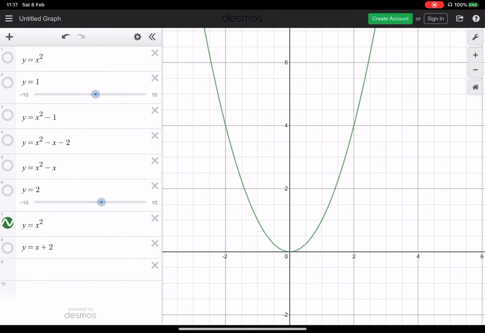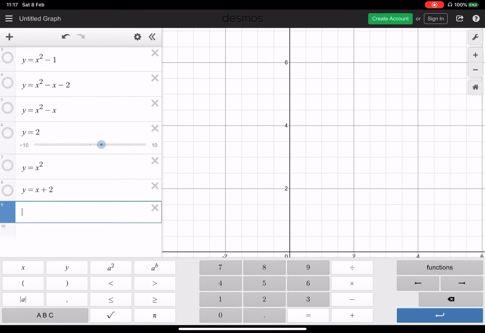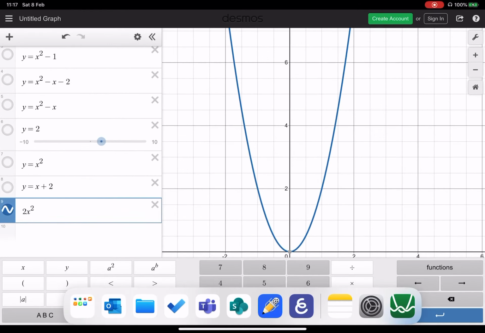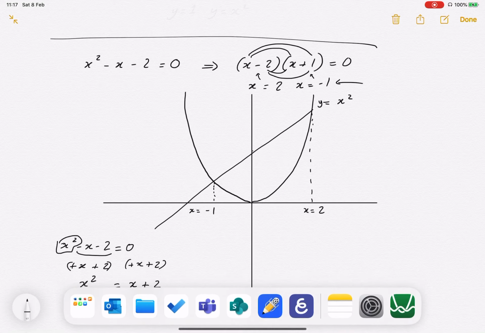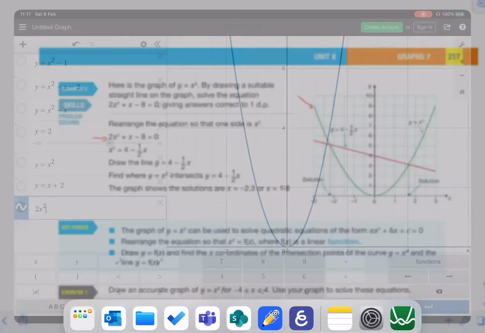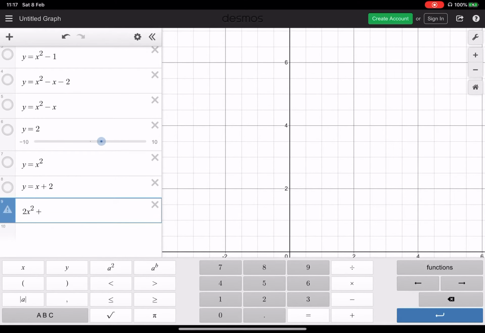Turn those off. And I'm going to go 2x squared plus x minus 8.